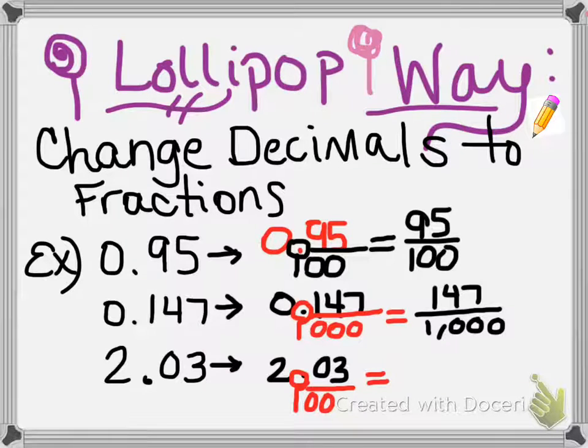The whole number is before the decimal place, so 2 is your whole number. 3 is your numerator, 100 is your denominator. So 2 and 3/100ths, decimal form 2.03, is changed to fraction form, which technically is mixed numbers, 2 and 3/100.